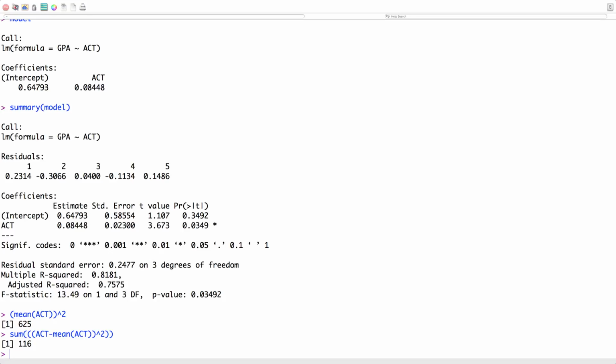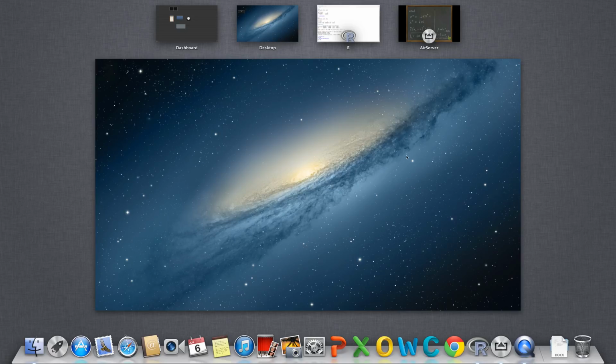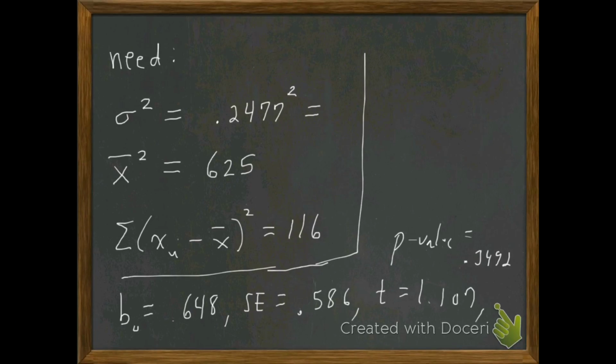Alright guys, so let's go back to the chalkboard, and you can see I've jotted some things down. So 2.2477 quantity squared gives us 5.0614.